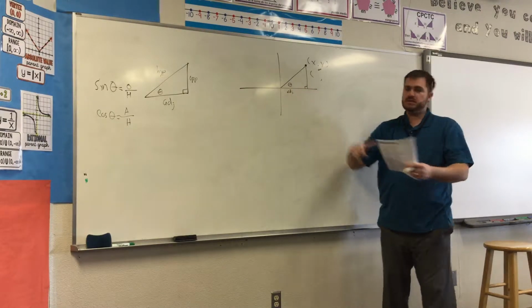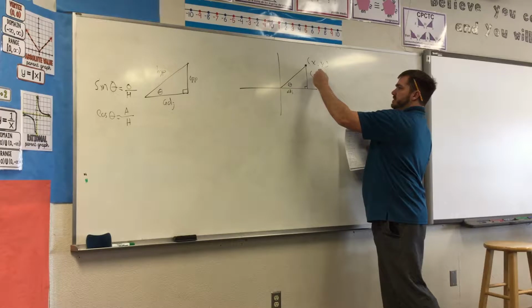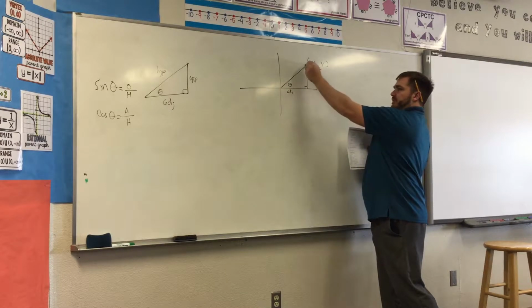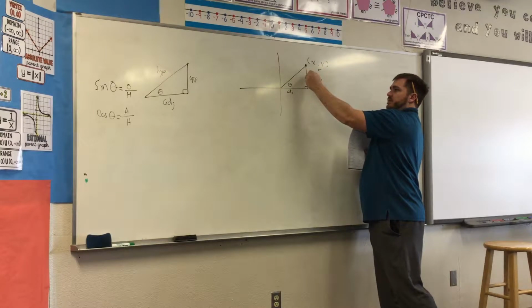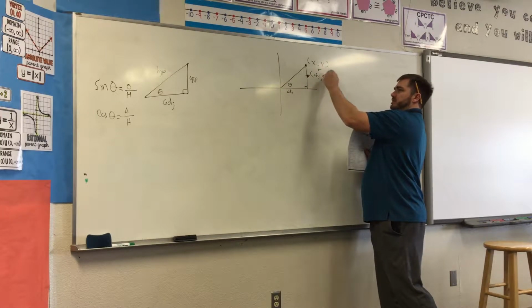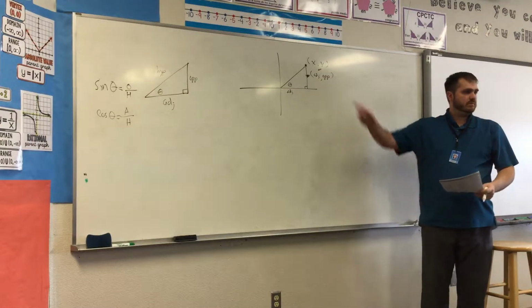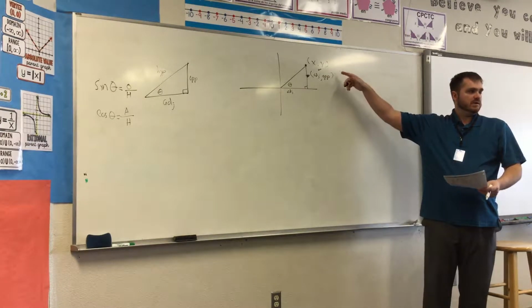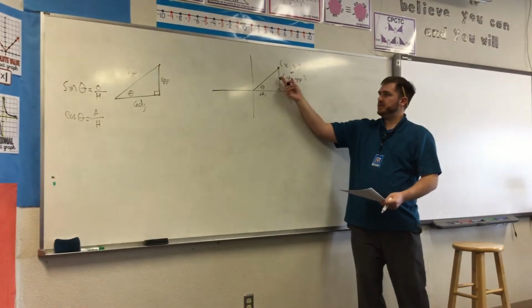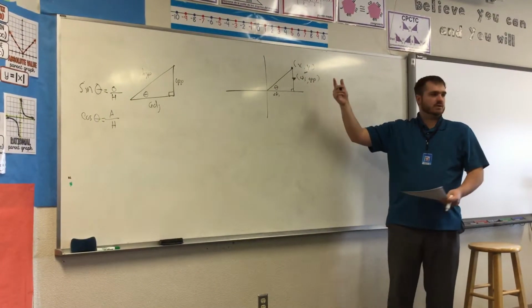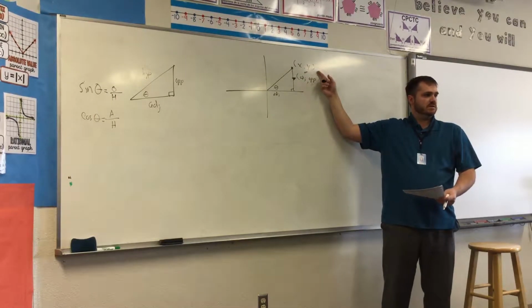Does that make sense? And the vertical amount that you've risen up, that y value, is the opposite value. Everybody with me so far? So we're starting to rethink adjacent and opposite in terms of x's and y's.